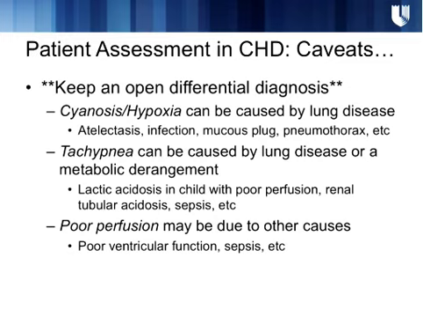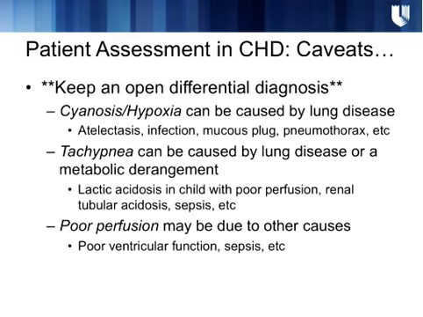So a few caveats for patient assessment in congenital heart disease. Obviously you must keep an open differential diagnosis for all the patients that you see. Remember that cyanosis and hypoxia can be caused by lung disease, some examples being atelectasis, infection, mucus plugging, and pneumothorax.